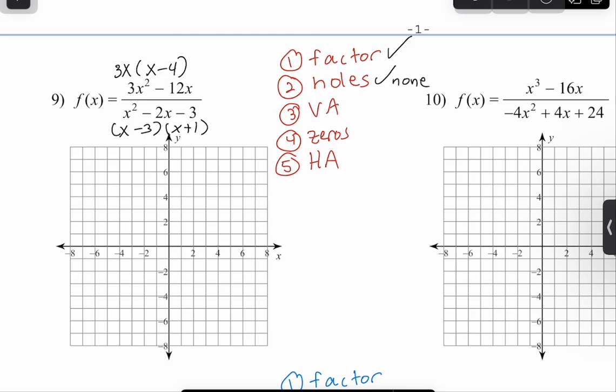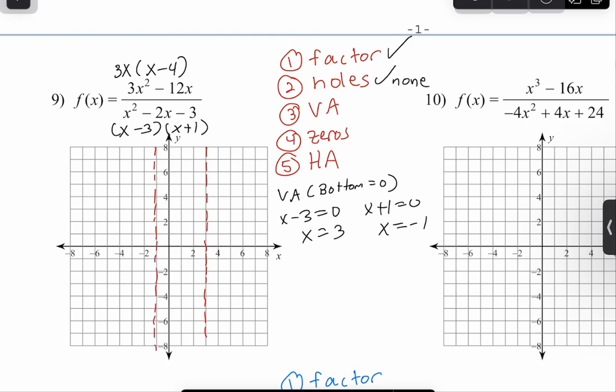But there definitely is a vertical asymptote. Remember, a vertical asymptote occurs when our bottom reduced form equals 0. So that's where x minus 3 equals 0 and x plus 1 equals 0. So at 3 and at negative 1. Now, if I'm asking you to graph it, which I am, do not go further until we go to our graph and we put a vertical asymptote at 3 and a vertical asymptote at negative 1.